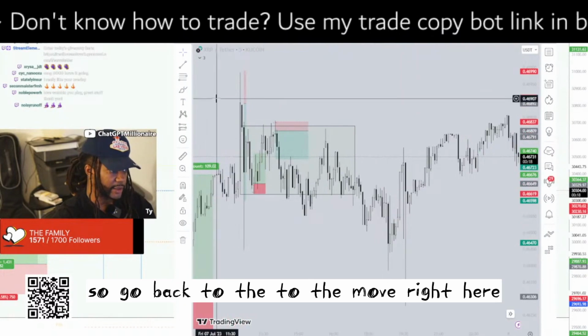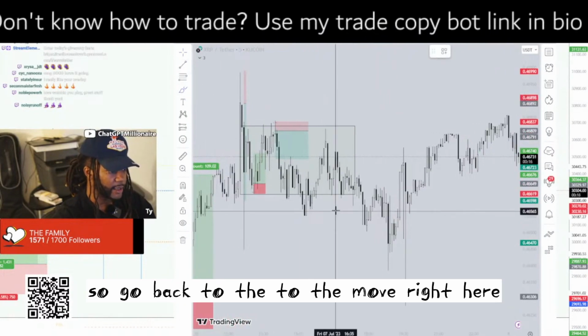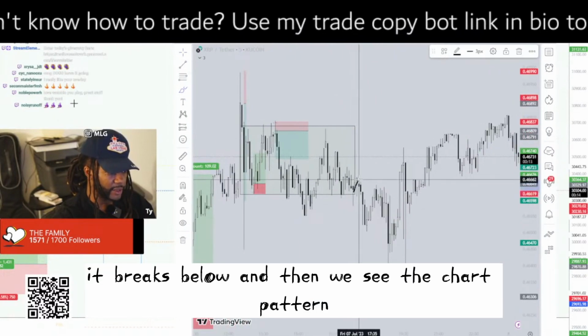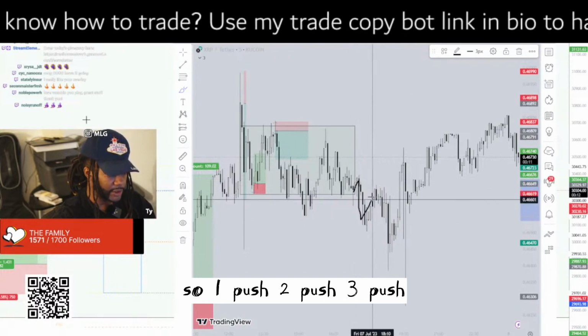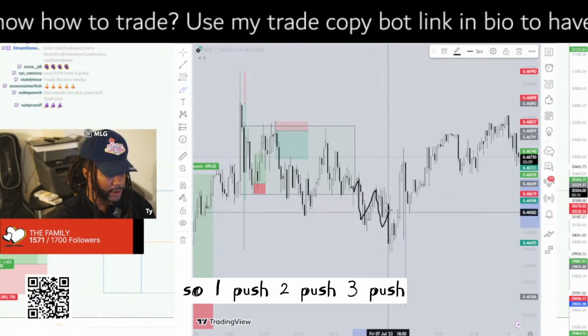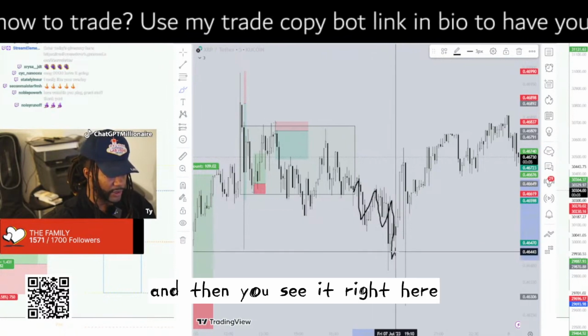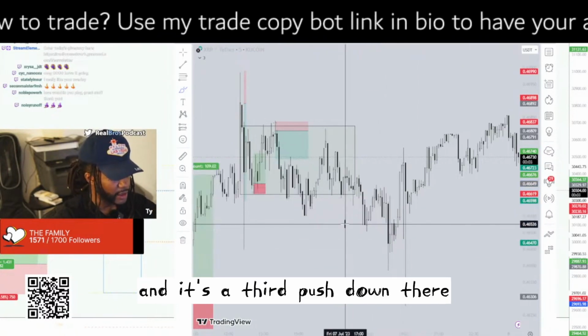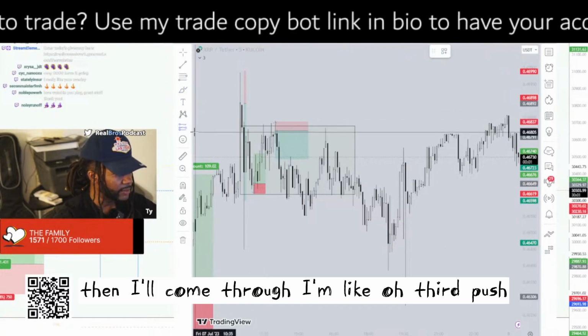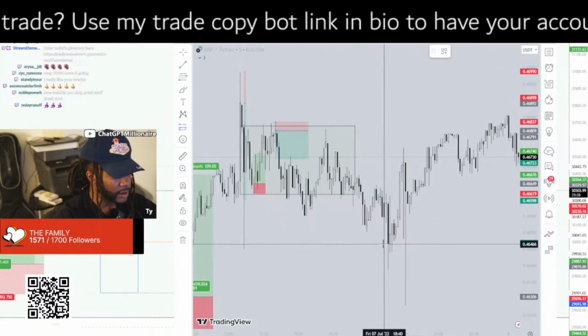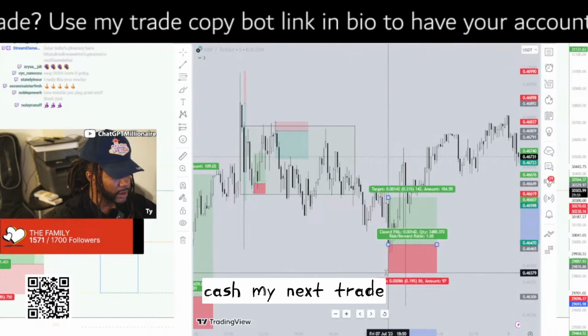So then, yeah, go back to the move right here. It breaks below, and then we see the chart pattern. So 1 push, 2 push, 3 push, and then we see it right here, and that's a 3rd push down there. Then I'll come through. I'm like, oh, 3rd push. Catch my next trade.